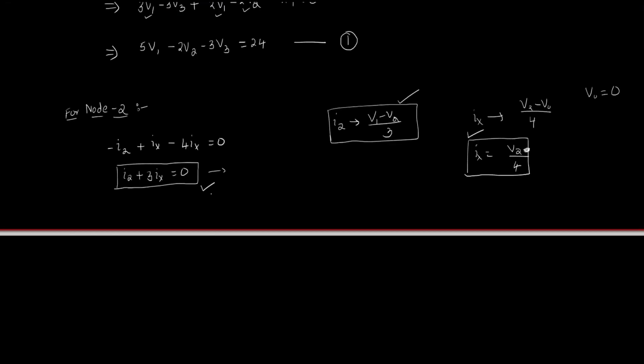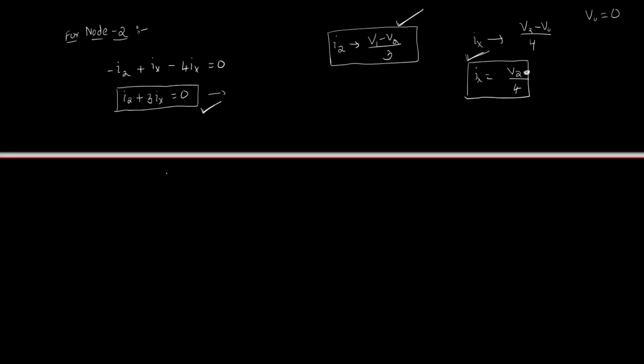By substituting this and this in this equation, we obtain (V1 minus V2) by 3 plus 3 times V2 by 4 is 0.